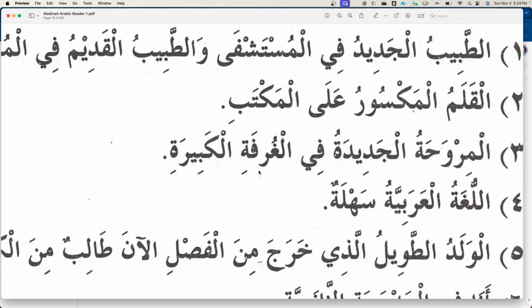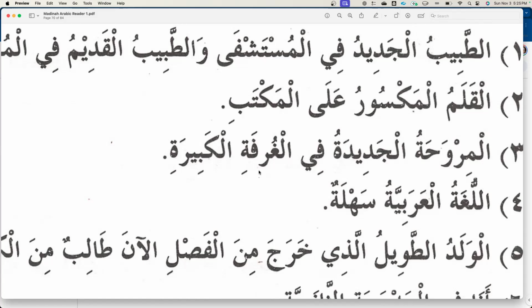Ghurfatil kabira. Ghurfa is room. And jadid means new, right? So the new fan is in the big room. Al-mirwahatul jadida fil ghurfatil kabira.